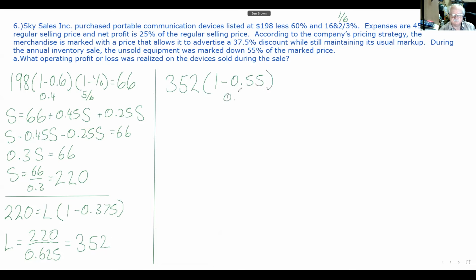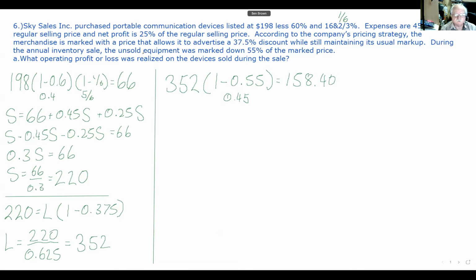So this is 0.45. Let's see what that did to them. So it looks like they actually sold them for $158.40.